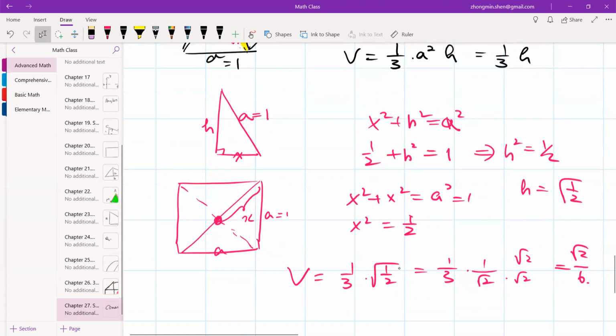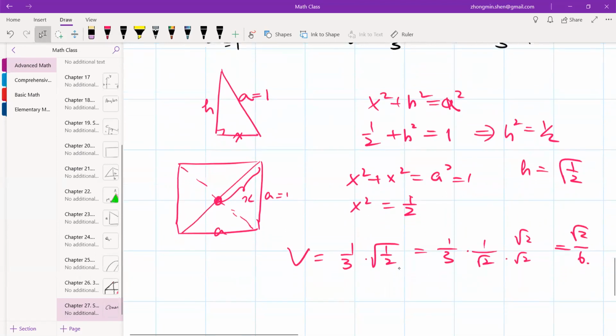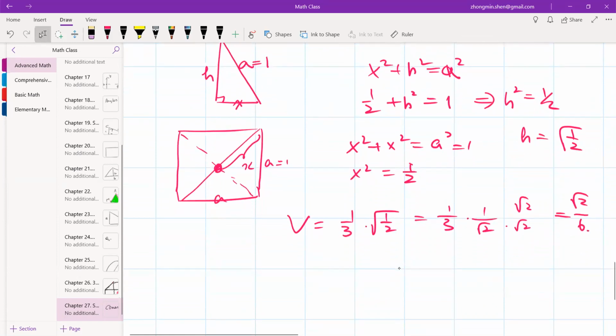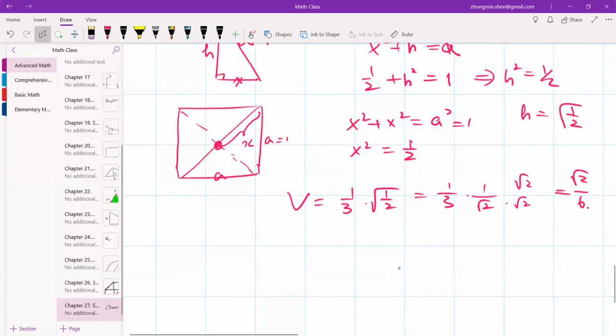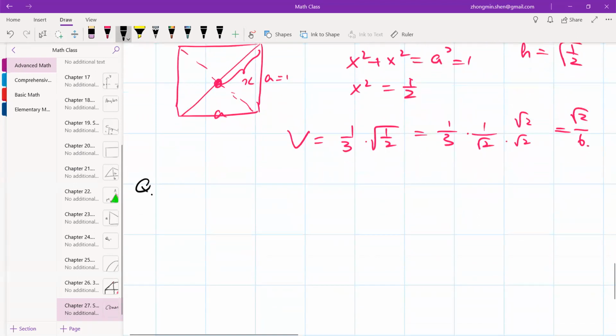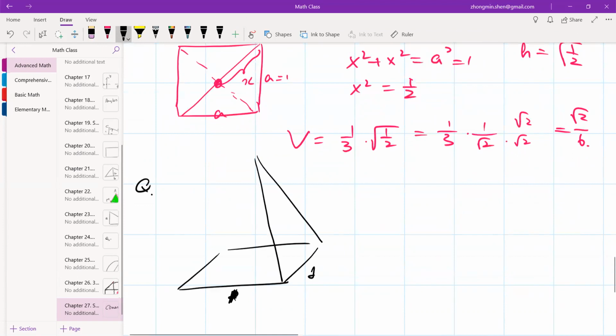Okay, I'm going to ask you to do another problem similar to that. Let's do a similar problem. So this is a square, it's going to be 1 by 1, a unit square. But this time I'm going to build a right pyramid, but each side is 2.